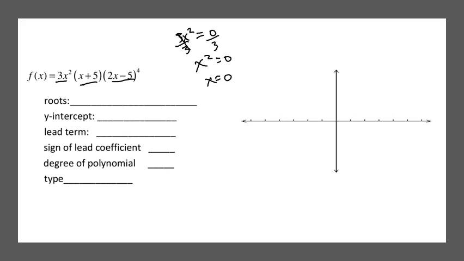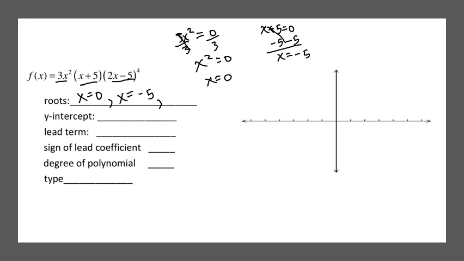So one of the roots is going to be x equals 0. x plus 5, we want to set that equal to 0 also. We subtract 5 from both sides of our equation, and x equals negative 5. So x equals negative 5 is another solution or root.